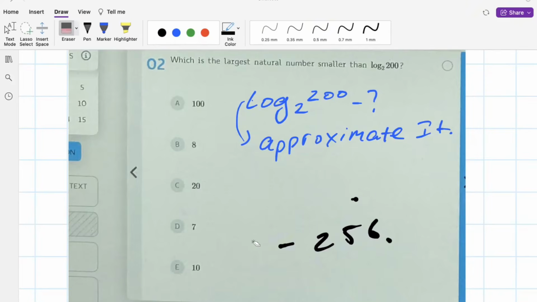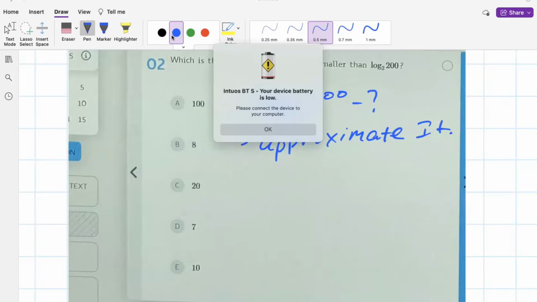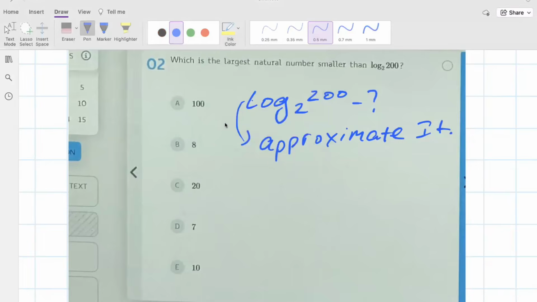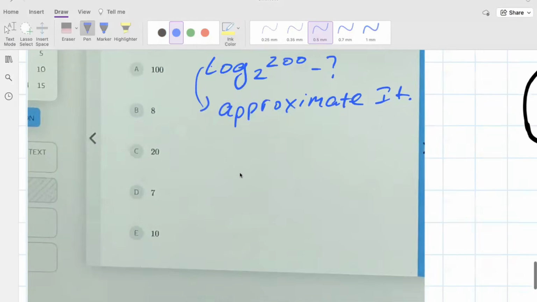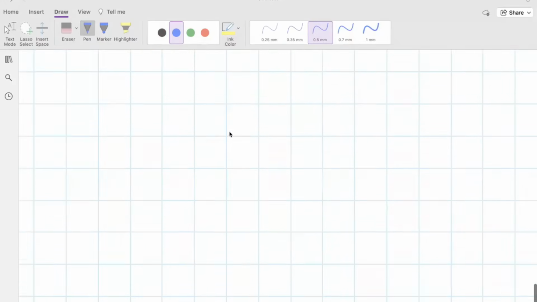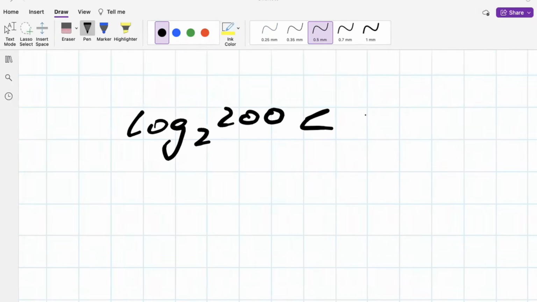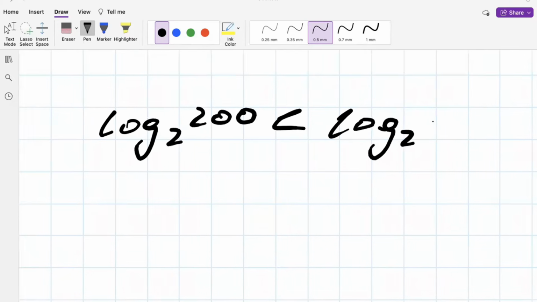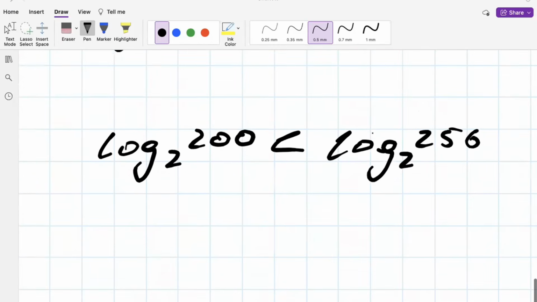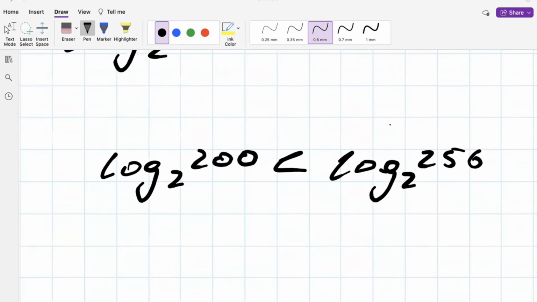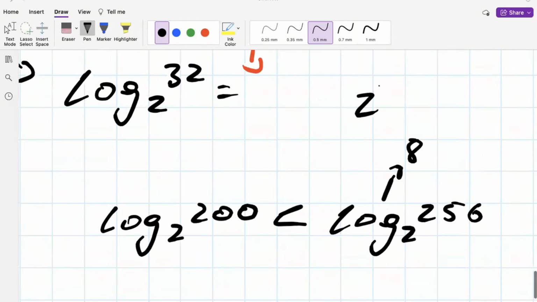So logarithm base 2 of 200 is somewhere around, let me write here: logarithm base 2 of 200 is of course less than logarithm base 2 of 256, because we know that logarithm base 2 of 256 is the same as 8, because 2 to the power of 8 gives you 256.